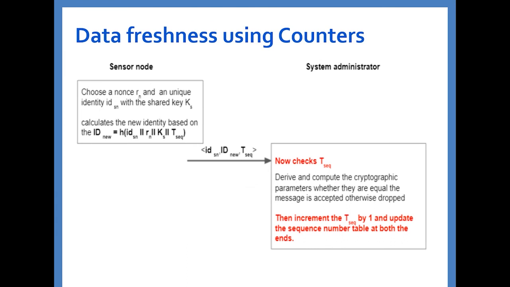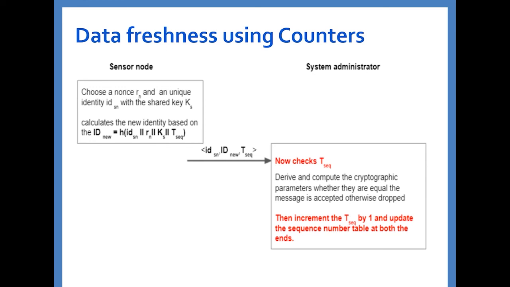And then the counters. In counters, the counter value is incremented by 1 whenever the message is appended with some sequence counter value. Here it is commonly used in CCMP, TKIP, etc. Here it just checks whether the previous counter value and the current counter value are equal or not.